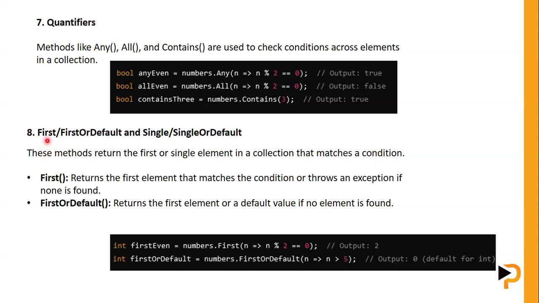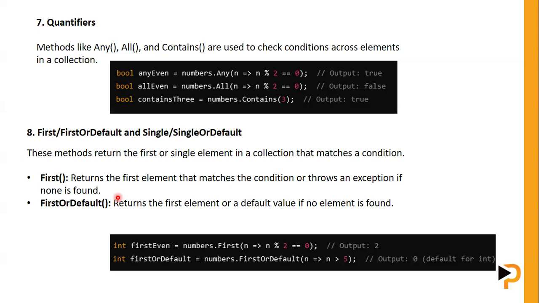Next one is First or FirstOrDefault, Single or SingleOrDefault. First returns the first element that matches the condition, or throws an exception if no match is found. Consider you are applying some criteria which matches multiple objects, but you want to fetch the first one.